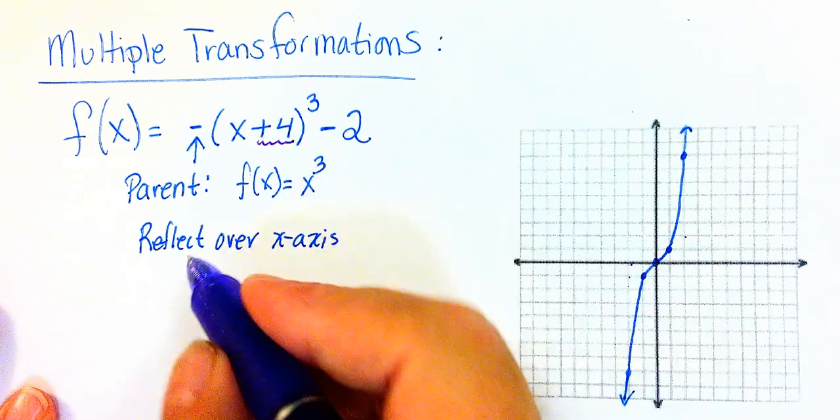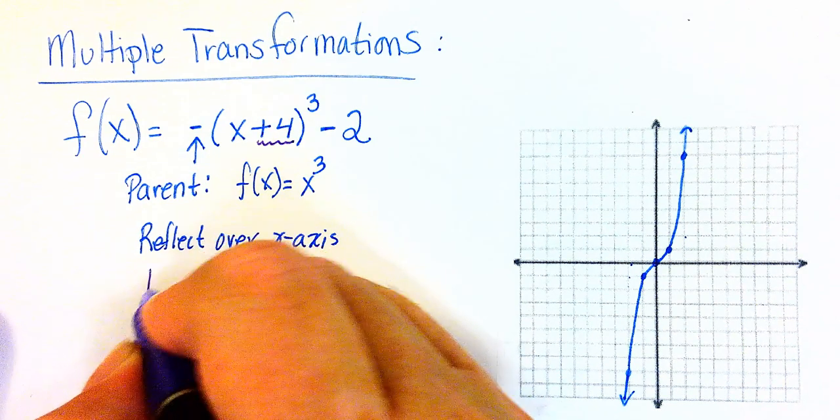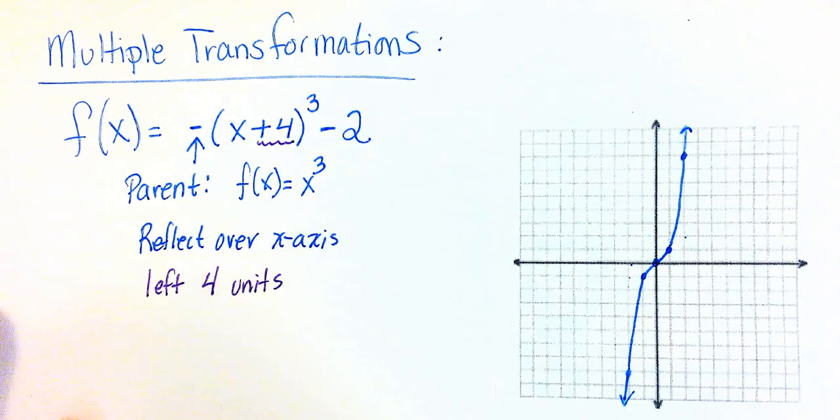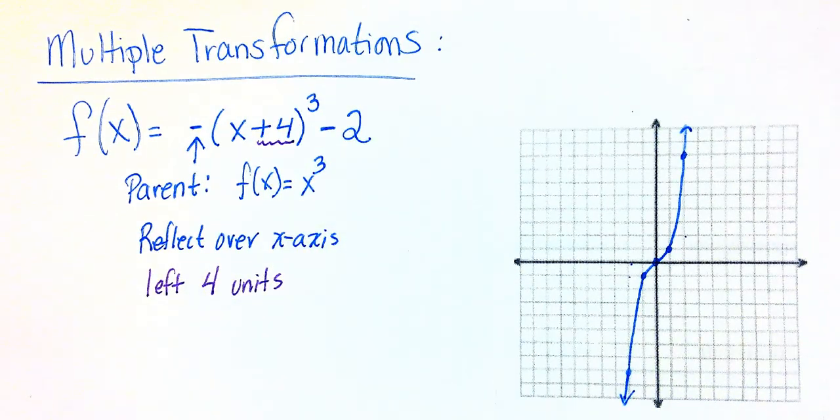So we're going to move this left 4 units. Again, inside is right and left. If it's a +4, you're going in the minus direction. So you're doing the opposite of what you think.